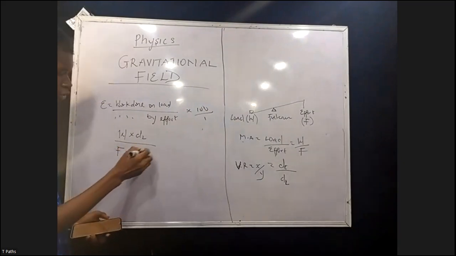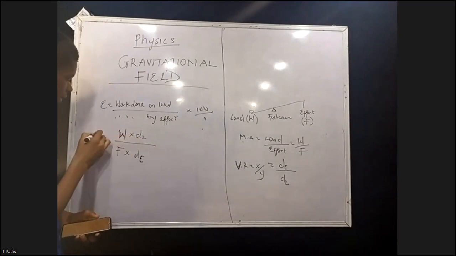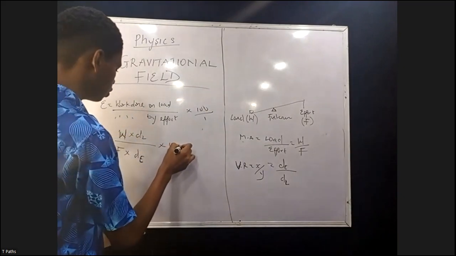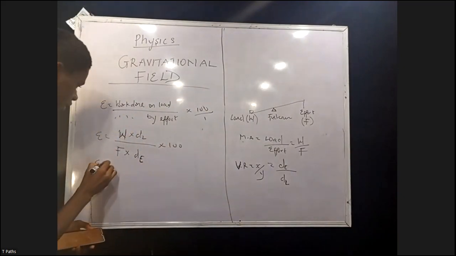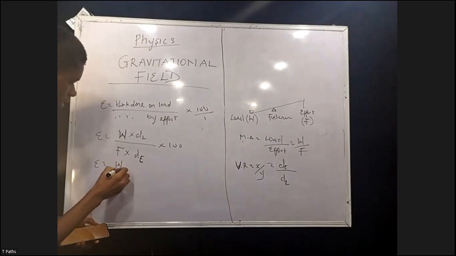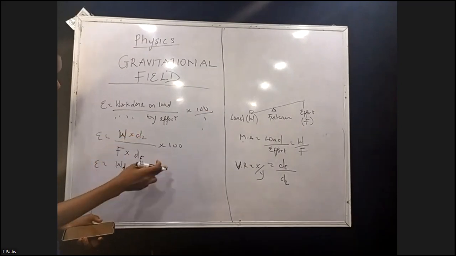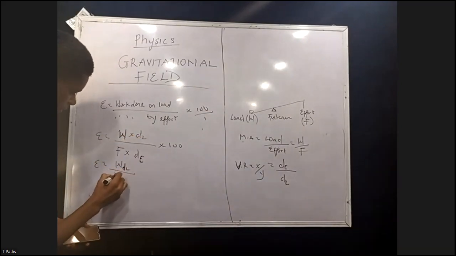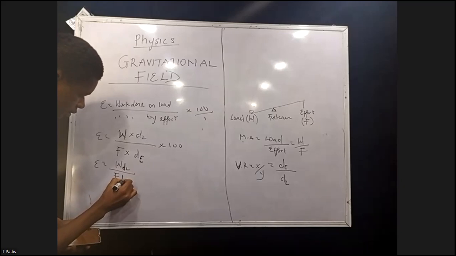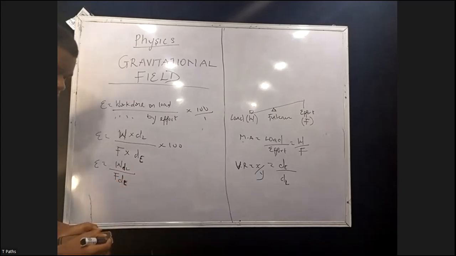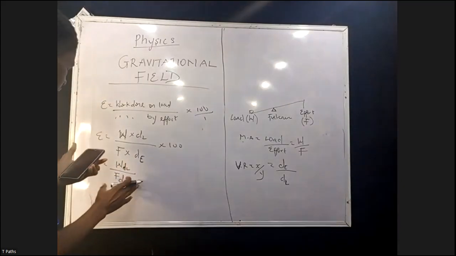So I can simplify this. Don't forget times 100 over 1. So E is equal to W times DL divided by F times DE.